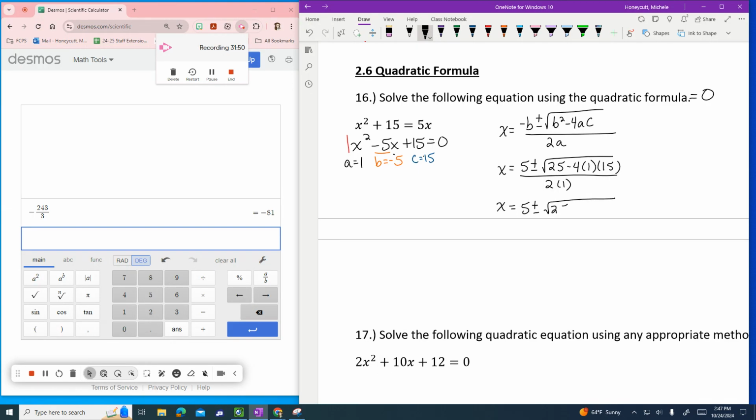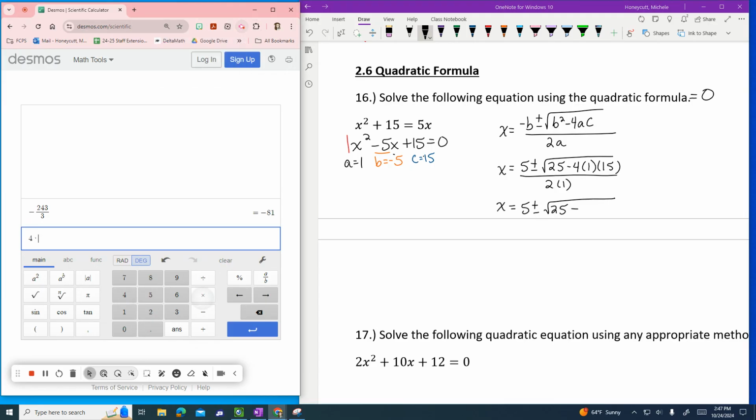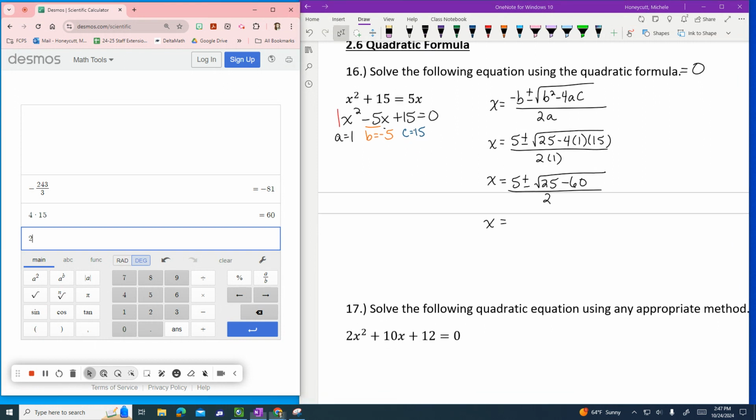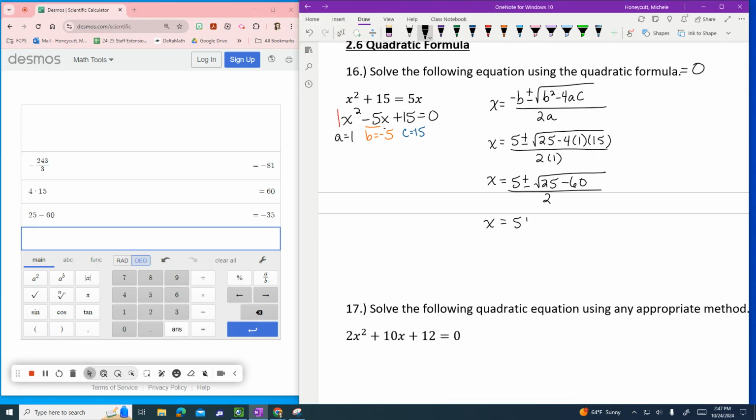So that would be 25 minus 4 times 15, which is 60, all over 2. Let's see, 25 minus 60 is negative 35. The square root of negative 35 over 2. And I see that there's a negative in the radical, so all that I can do to simplify that is bring an i to the front and leave it over 2.